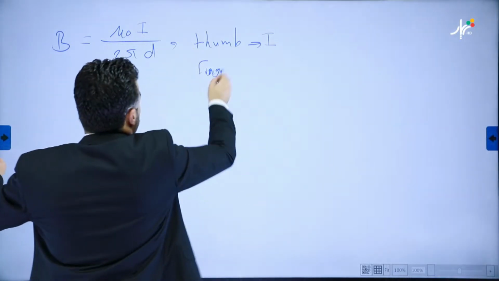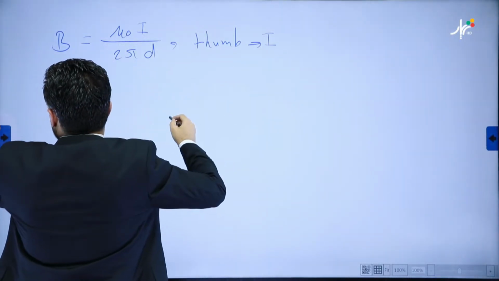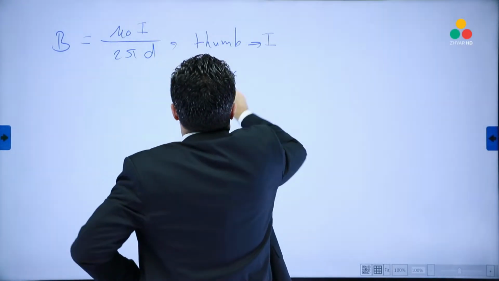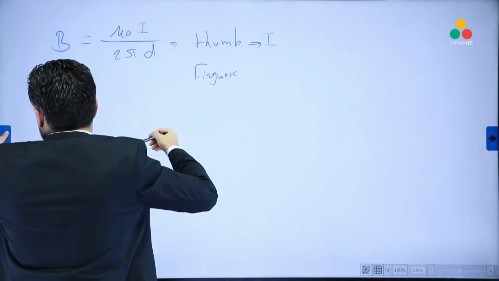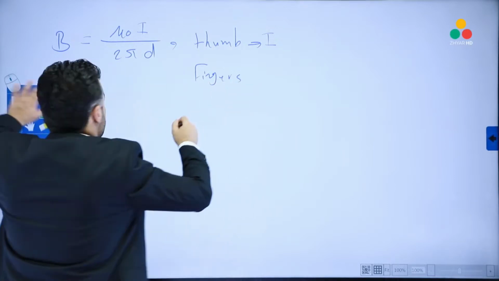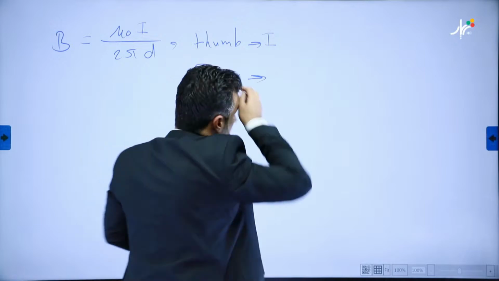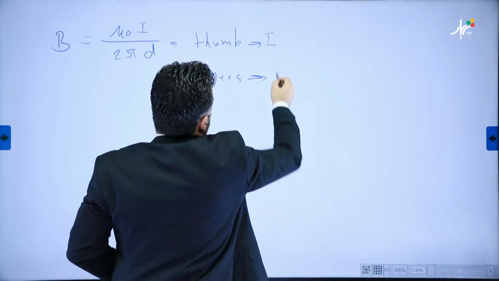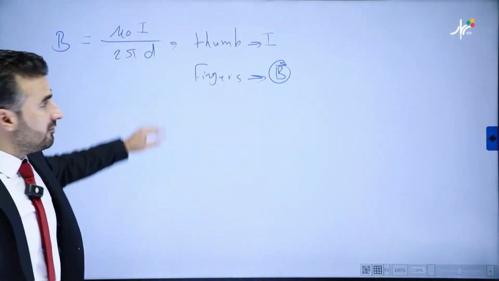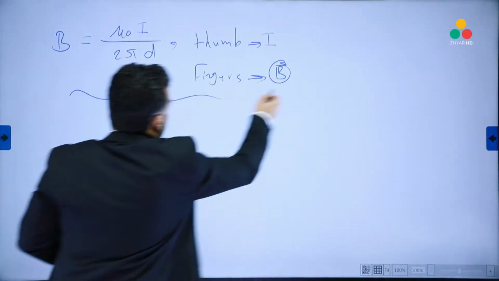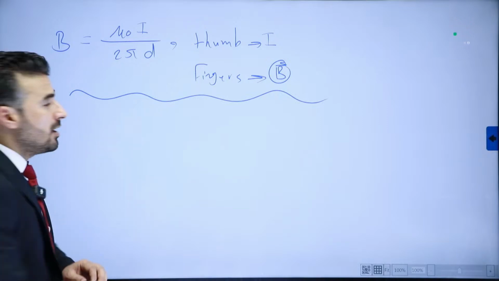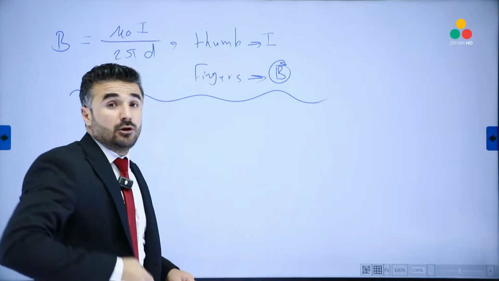The curling fingers would be the direction of the magnetic field strength. That is all for a wire. Now we're going to talk about the direction and magnitude for a coil, or a loop.